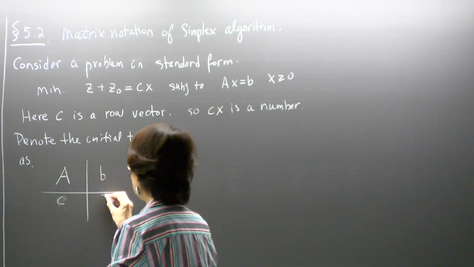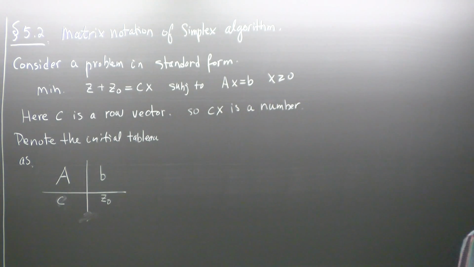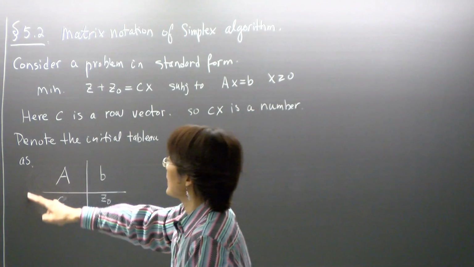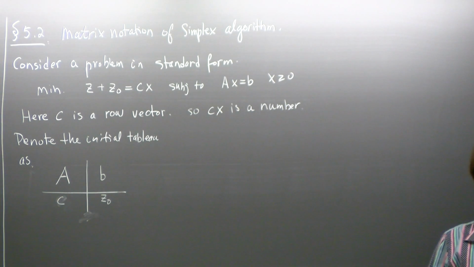And then what you put here is the 0. So I will write like that. Is that okay? That will be the tableau. And then on the left, it will be indicated which one is the basic variable, but I'm not writing it there. Is that okay?